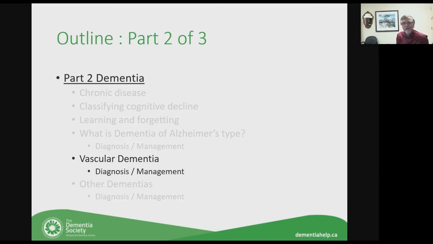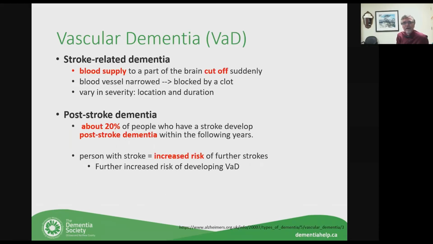And so we will talk about vascular dementia next. There are different types of dementia associated with circulation. There's the stroke-related dementia, where, of course, in a stroke, there's a large vessel that's blocked, and the circulation to a large portion of the brain is cut off, and then that part of the brain dies.